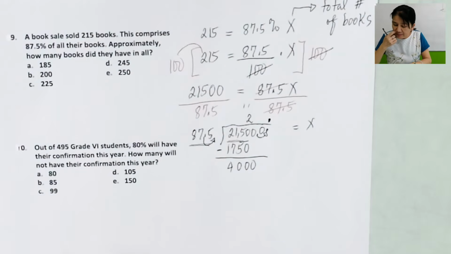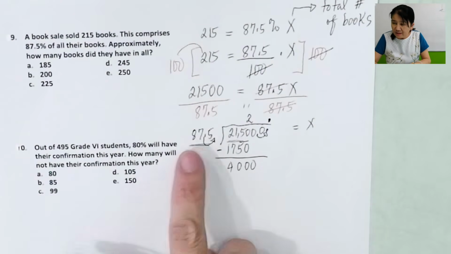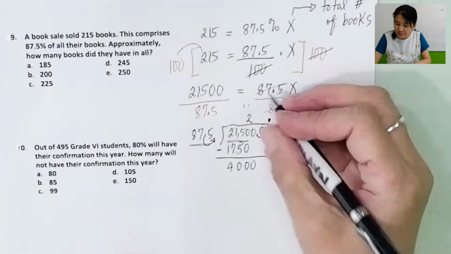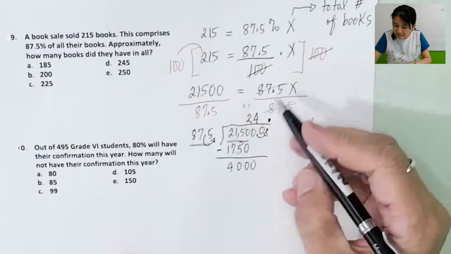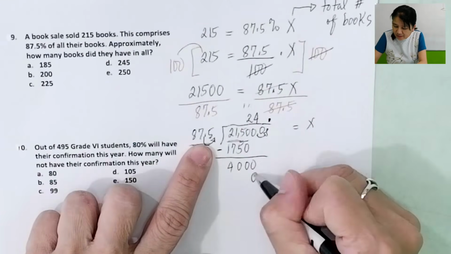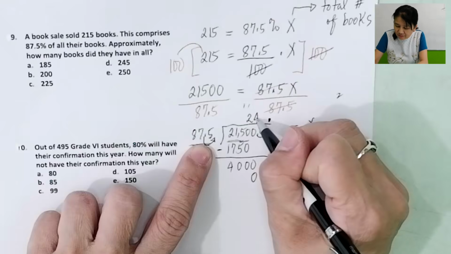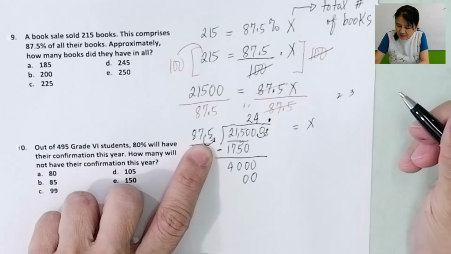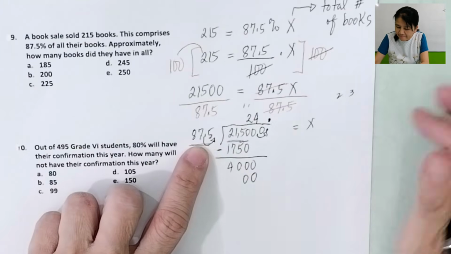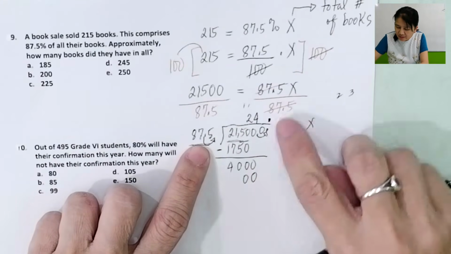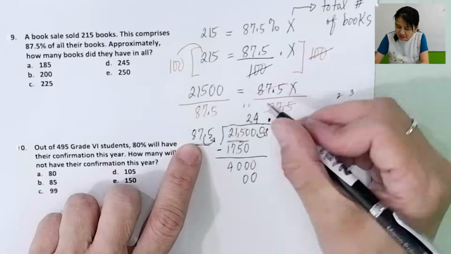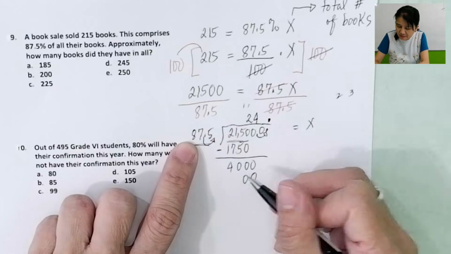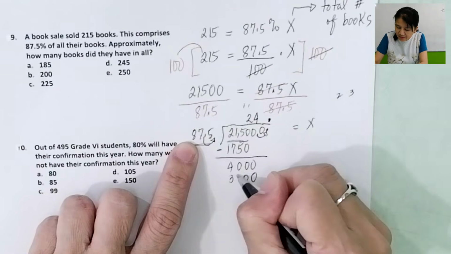So that's approximate. If this is 900, 1, 2, 3, 4. There are 4 900s in 4,000, right? So you approximate. So you'll have 4 here. 4 times 5 is 20, carry 2. 4 times 7, 28 plus 2, 30, carry 3. 4 times 8, 32, plus 3, 35.